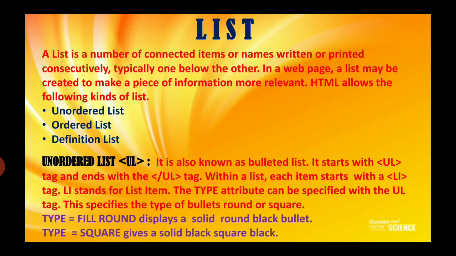So type equals disc means it will display a solid round black bullet. Type equals square gives a solid black square. That means it will display a square bullet with a color inside. Okay, so that is the function of the type attribute. Let's see an example.